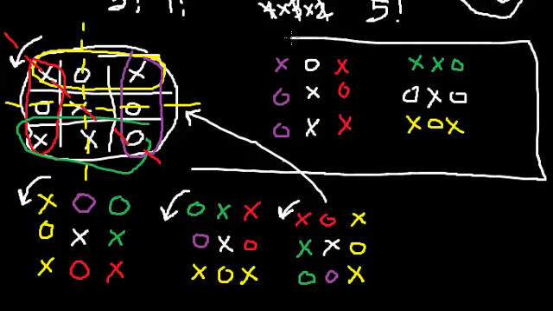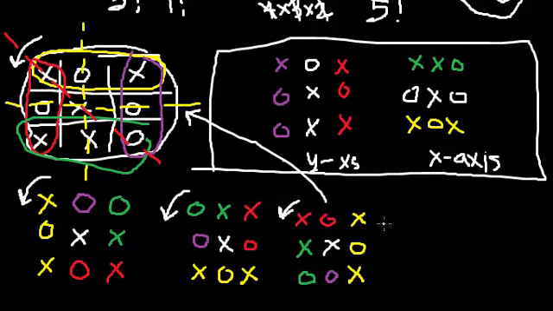So this is a reflection using the y-axis, and this is using the x-axis. These four other ones are using the quarter rotation. And finally, what we'll do now is what I call the diagonal reflection.